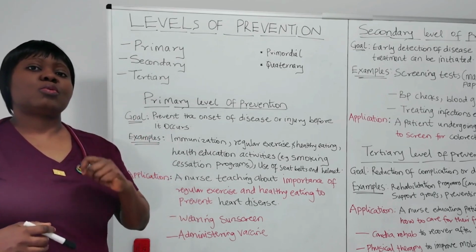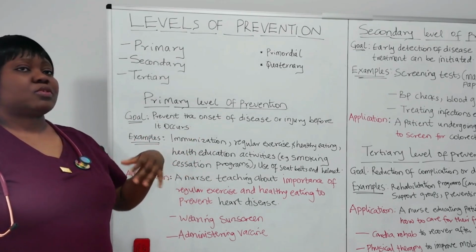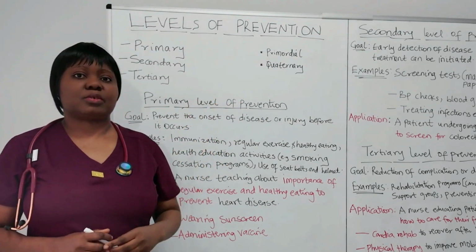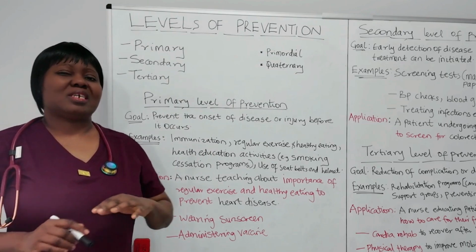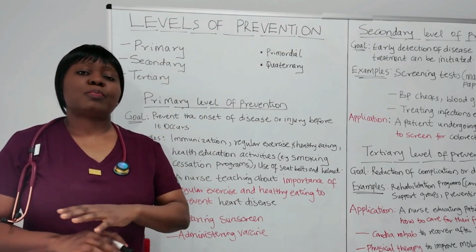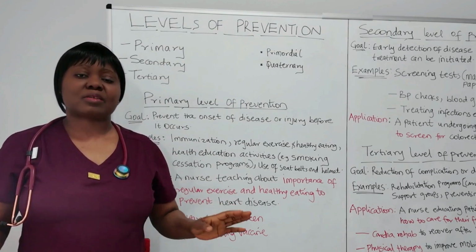However, I will throw a little light on other levels of prevention: primordial prevention and quaternary prevention. Primordial has to do with activities done to prevent the development of risk factors.